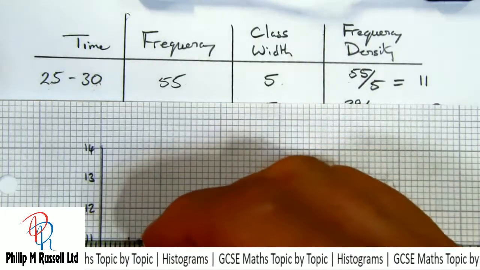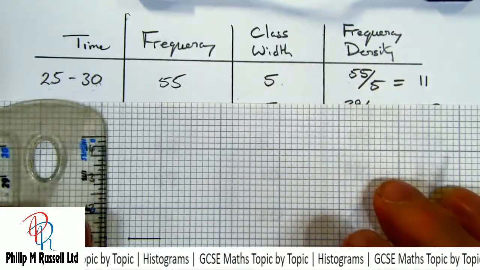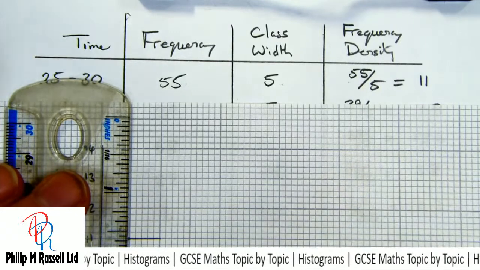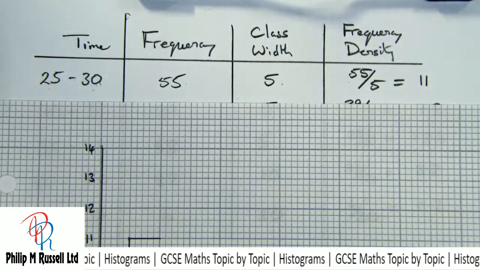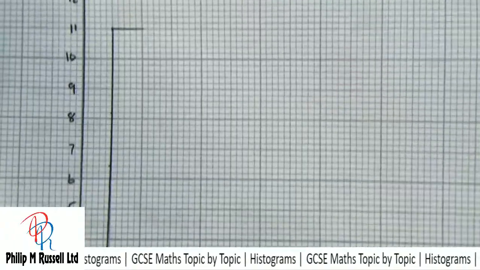It's 5, so we can draw the ruler along here, and let's put in the first bar.